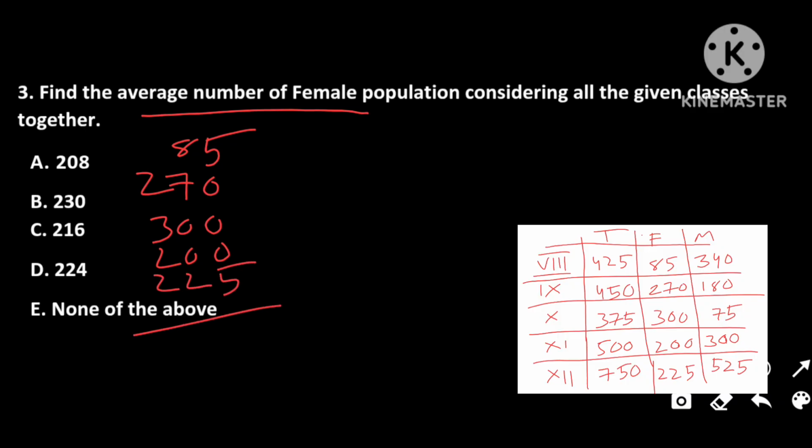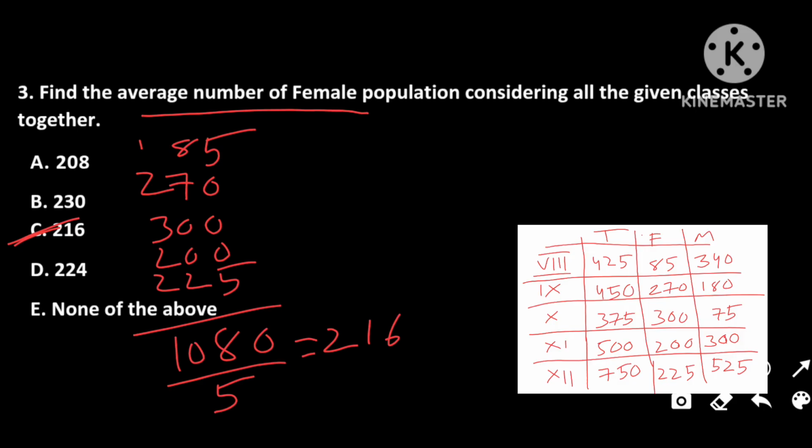So total we have 1080. Total how many? 1, 2, 3, 4, 5. So divided by 5. So 216 is the average. So 216, option C is our answer.